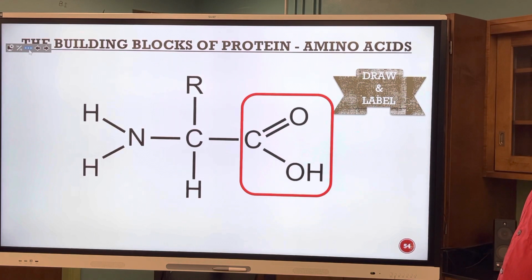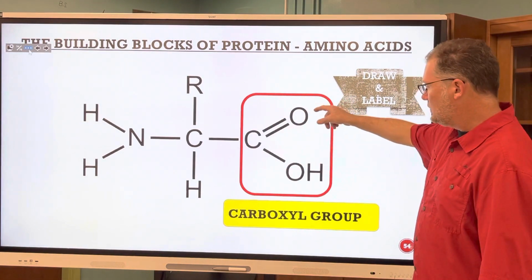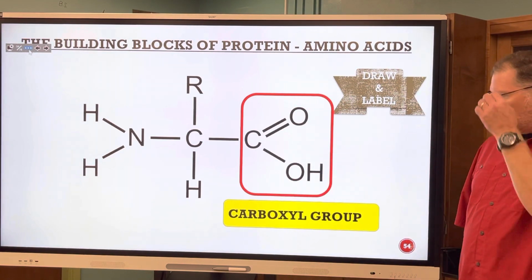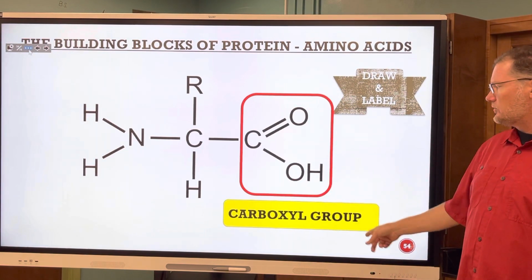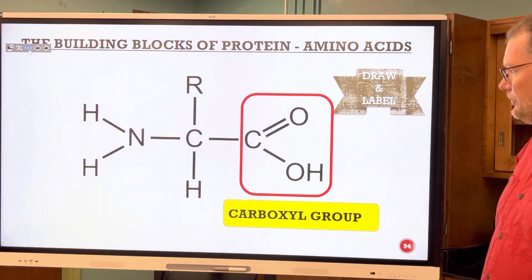So these are the building blocks of protein, the amino acids. So this is an amino acid. This is what's called the carboxyl group. Okay, and on your notes, you have to draw and label this. Carboxyl, that's what that means.